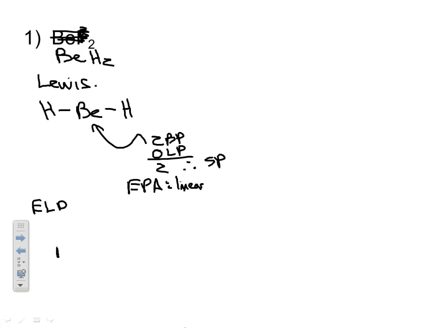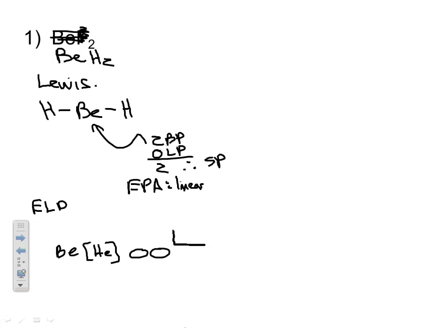Now for the energy level diagram. We've got beryllium. The E goes back to hydrogen. We've been told that the hybridization has to be SP. So I draw 2 ovals because it has to be SP from the logic I just used.